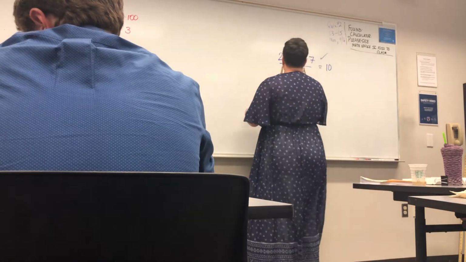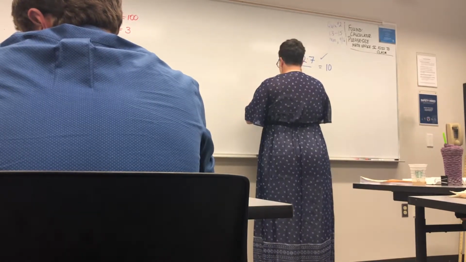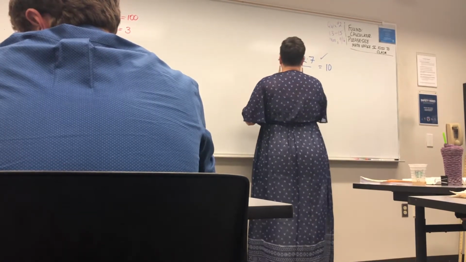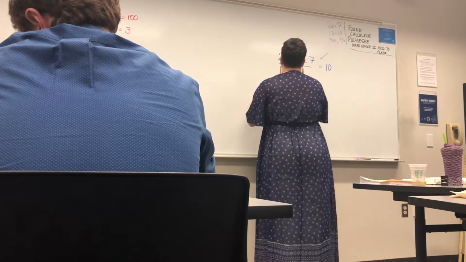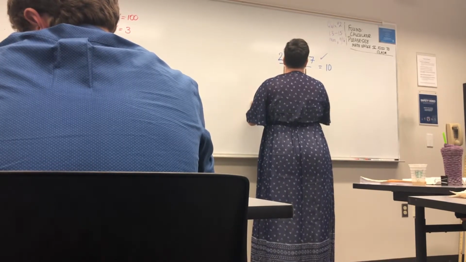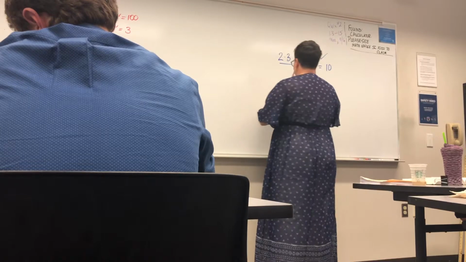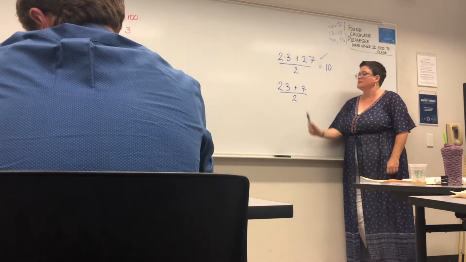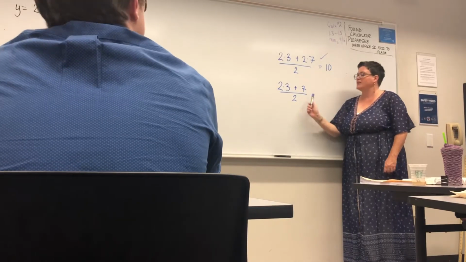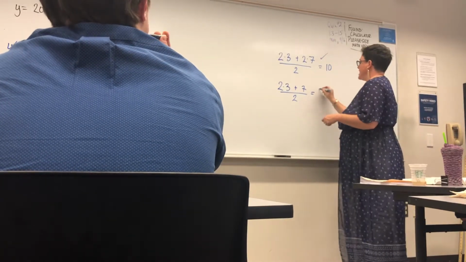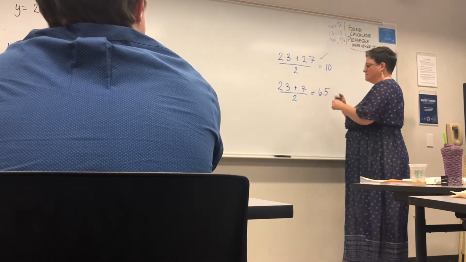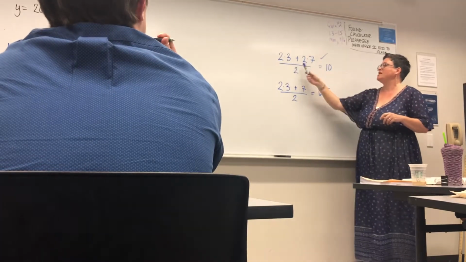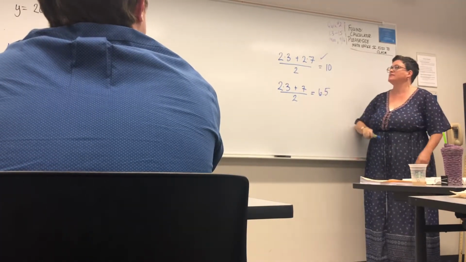Now do this. 2 times 3 plus 7 divided by 2. What's 2 times 3? 6. Plus 7 divided by 2. 6 and a half. If I pull a 2 out of every term and cancel here, will I still get 10? Yes.